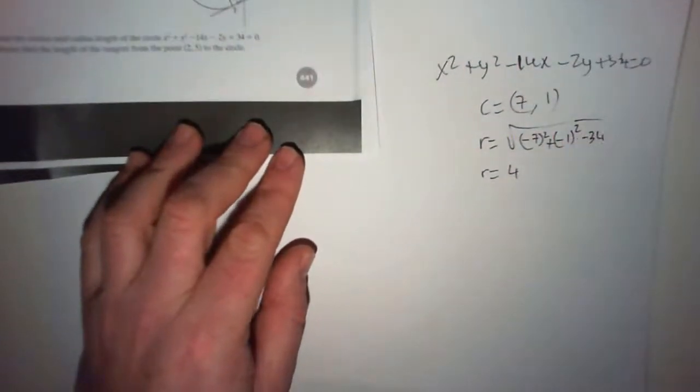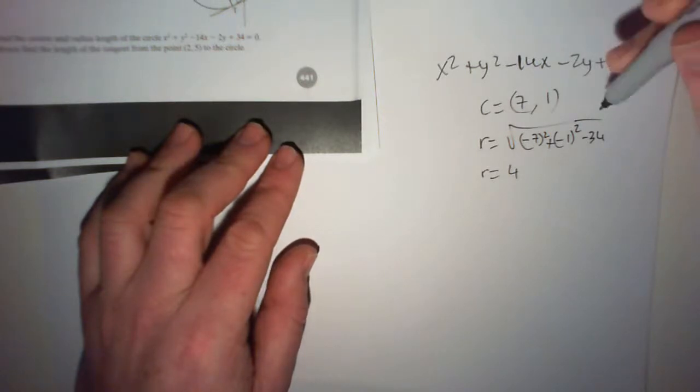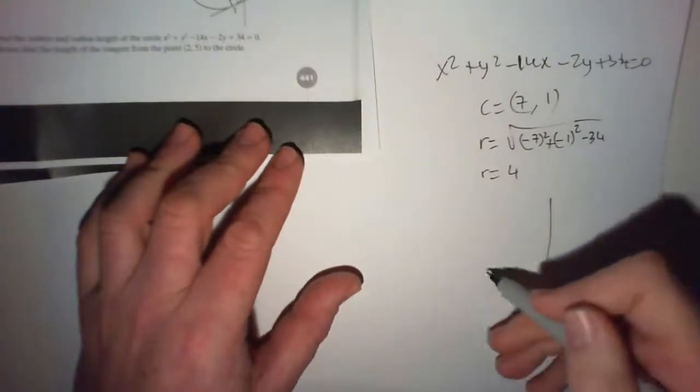Okay, so hence find the length of the tangent from the point (2, 5). I'm just trying to visualize this. I'm going to try and visualize this because it'll help me.